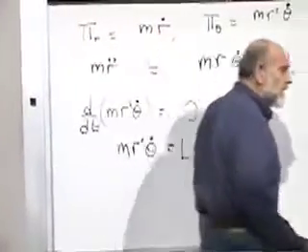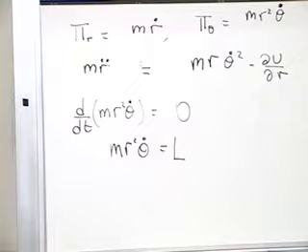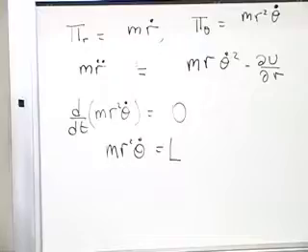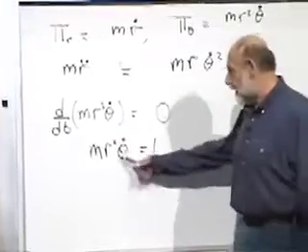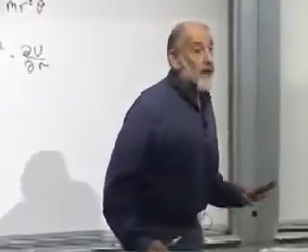Now, how big is it? That depends on the initial conditions. If you know r and r dot and theta dot initially, then you know the angular momentum forever after because it doesn't change.